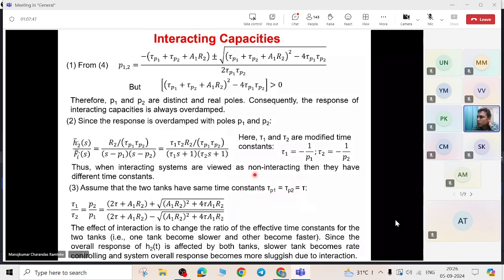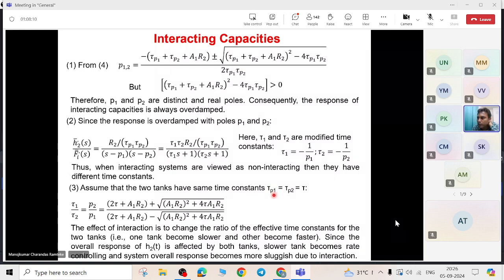Please don't get confused. This tau p1 and tau 1 are both different. Tau p1 is the time constant obtained from the equation, which is nothing but a1 r1. Similarly, tau p2 is a2 r2. So if I operate my system as a single capacity, I'm going to get the time constant tau p1.